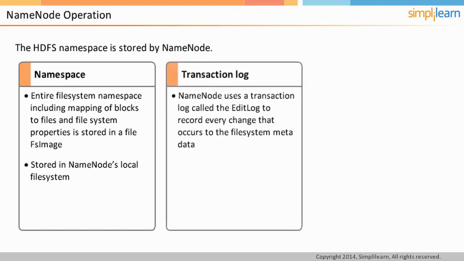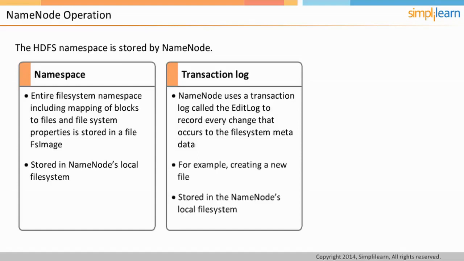The name node maintains two persistent files, a transaction log called edit log and a namespace image called FS image. The edit log records every change that occurs in the file system metadata. For example, creating a new file. The edit log is stored in the name node's local file system.